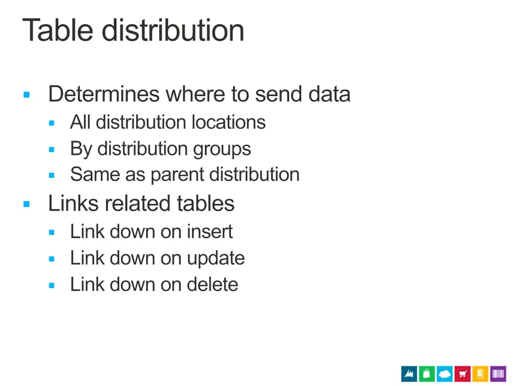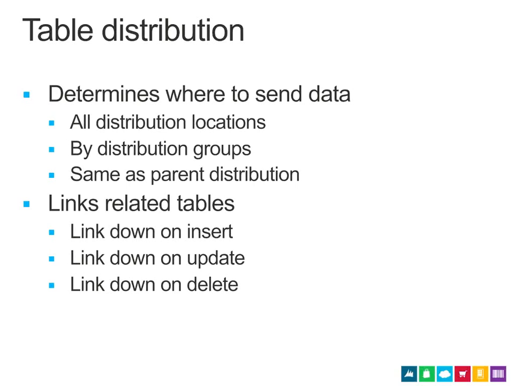And then there are three other interesting concepts, the link down settings. This means if there is a child table associated with this, so you have whatever is at the invent table and then all the other tables below that, this link down option specifies if you're saying link down on insert, that means if you created a new record in the invent table, anything below that that is listed will also be sent down.